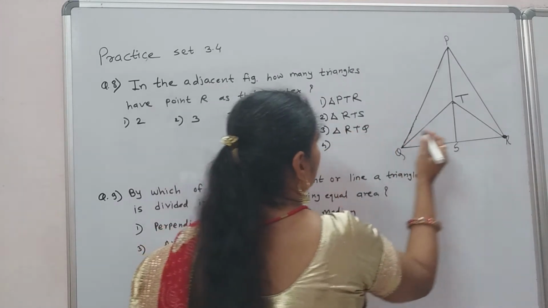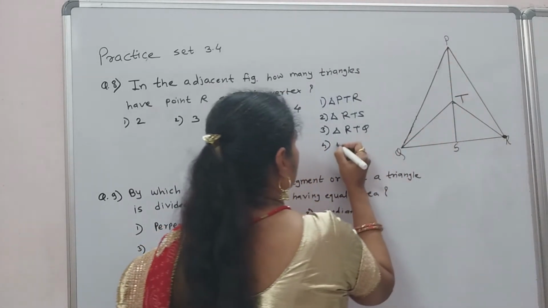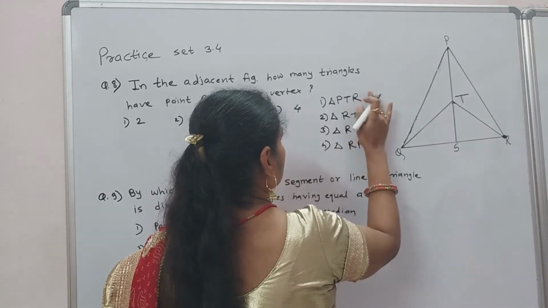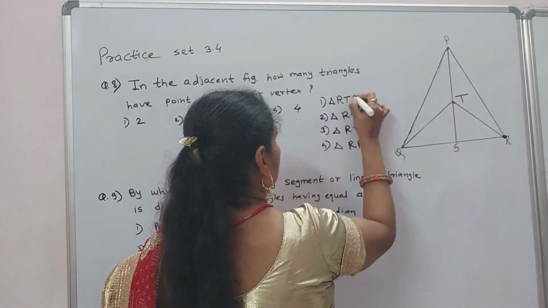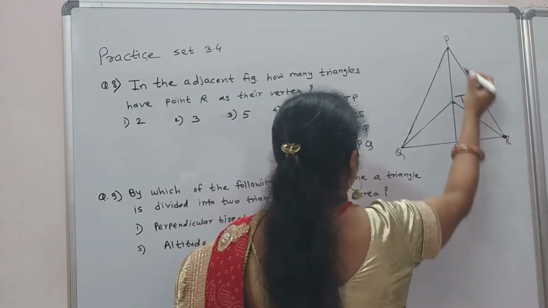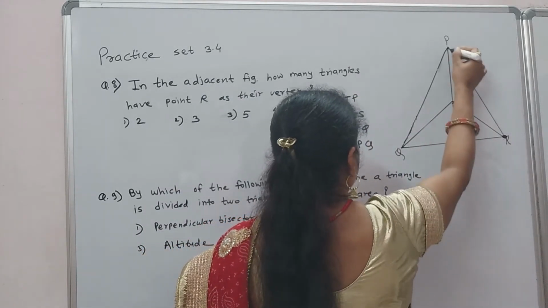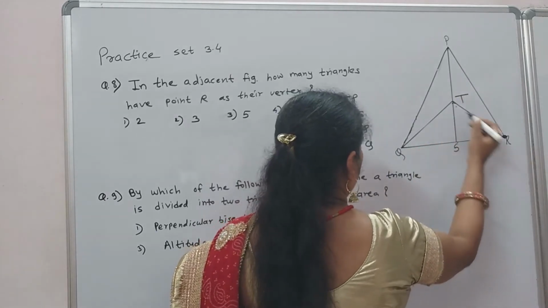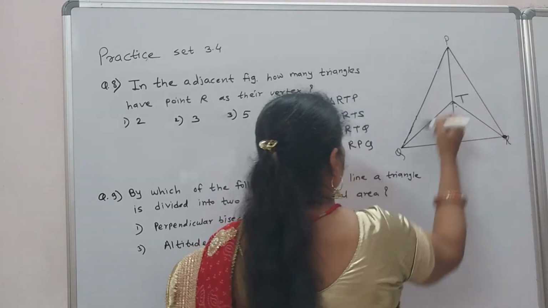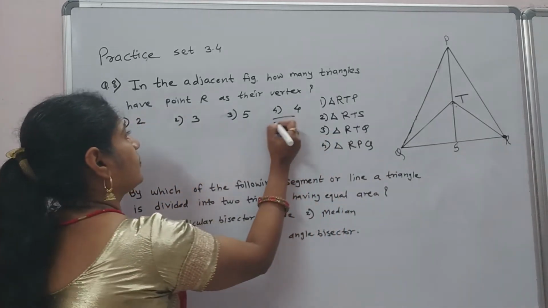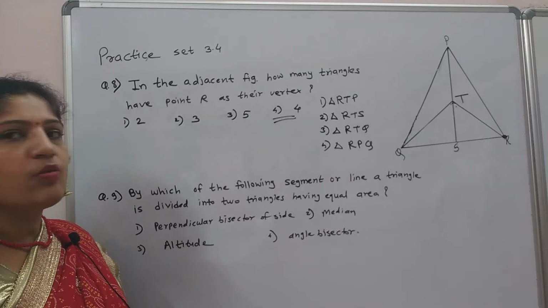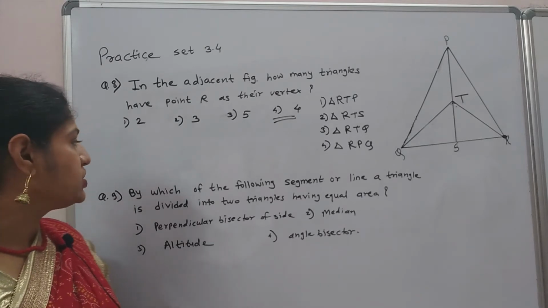And number 4, triangle RPQ. So RTP, RTQ, RTS and RPQ: four triangles have point R. Next question.